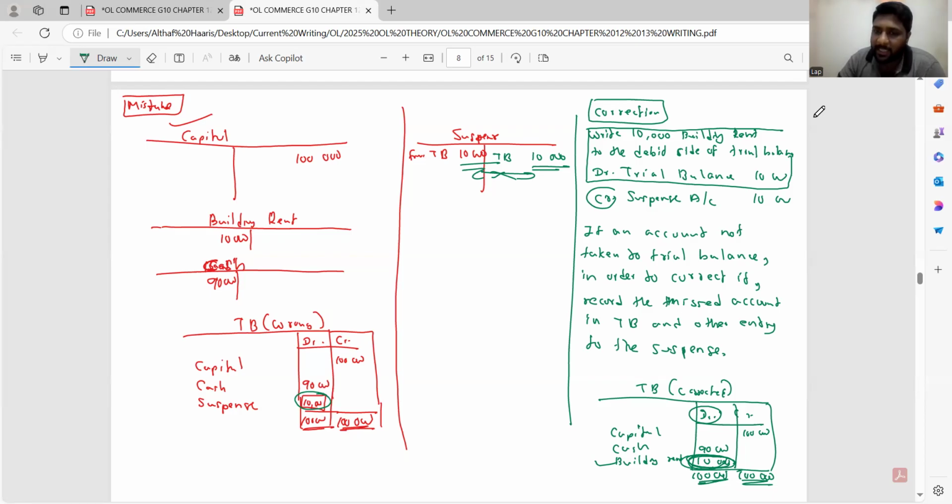There is nothing called debit trial balance. There is no entry like this. Why did I give this to you? Not to make any mistakes when you are doing the questions. If an amount is not taken, this is how you have to do it. If the amount is not taken, simply write that value. That's why I gave this note. There is no entry called debit trial balance. This is the correct thing.